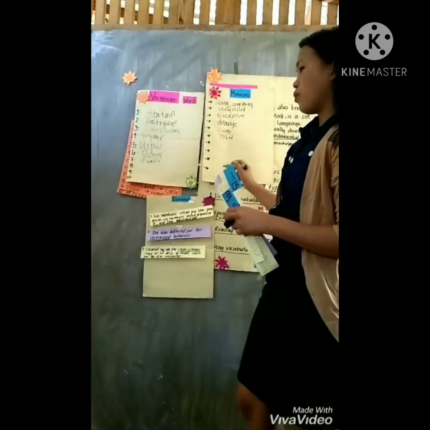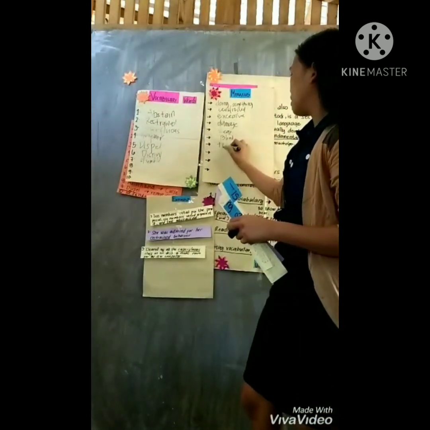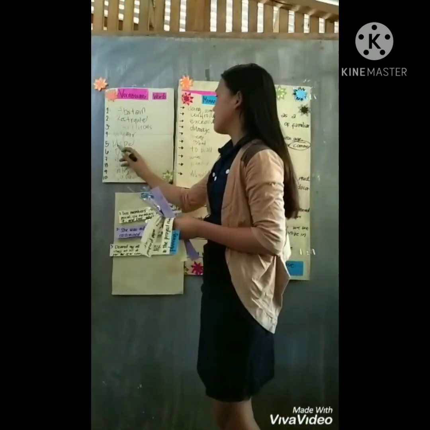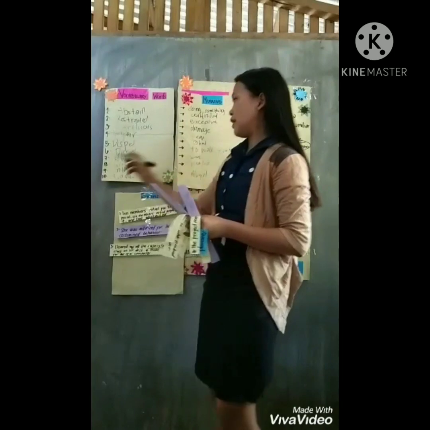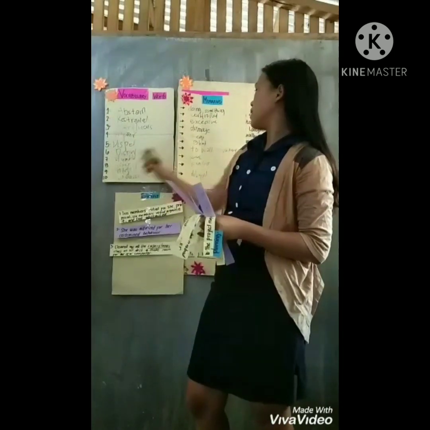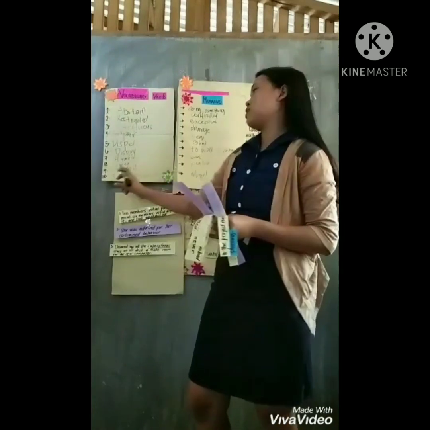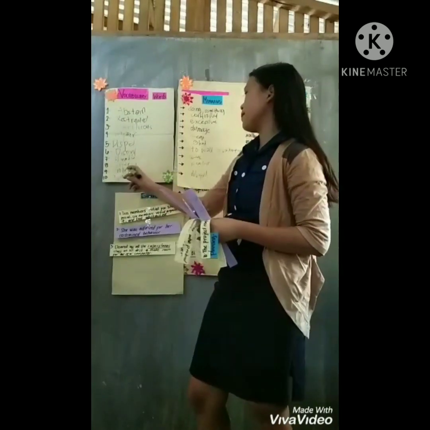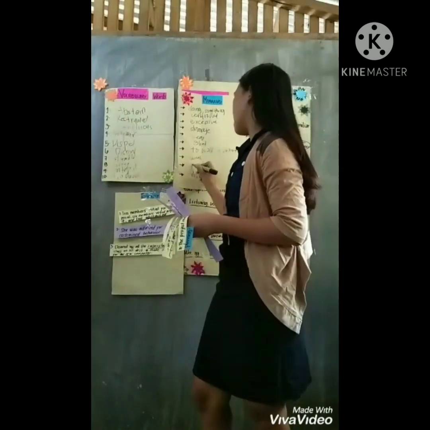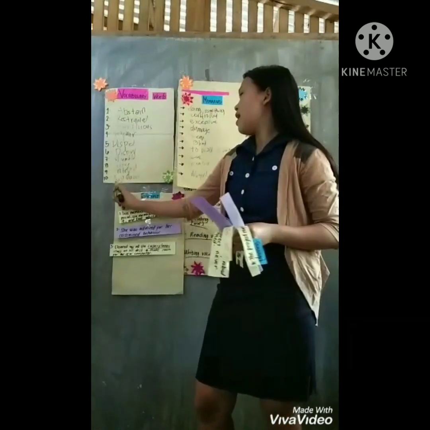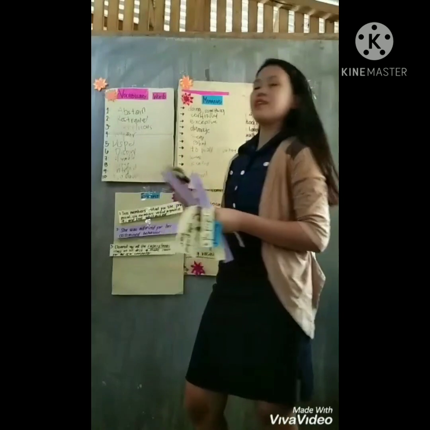Stumble is to walk unsteadily. Falter is to weaken. Assiduous is diligent.